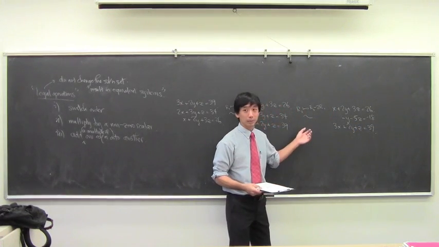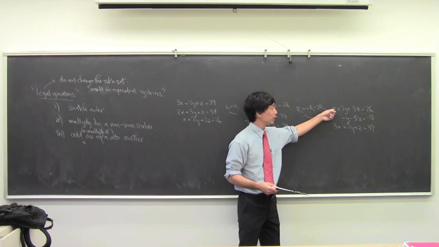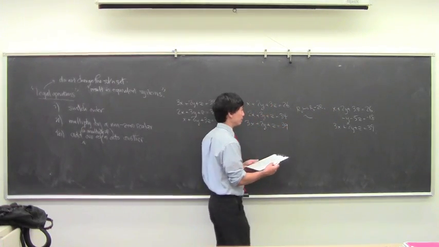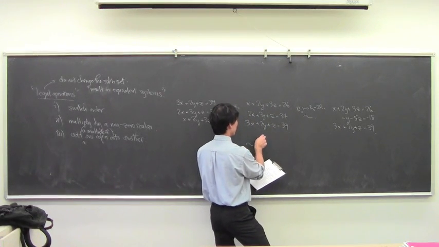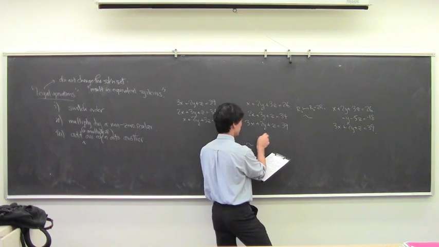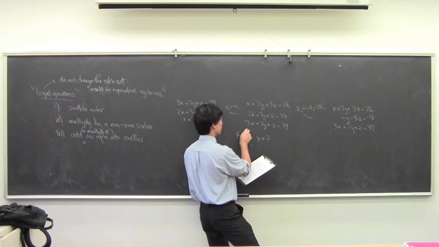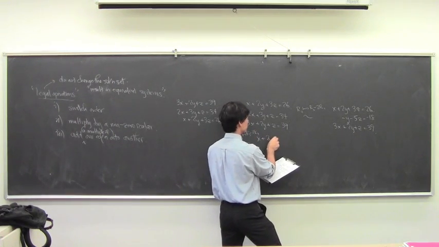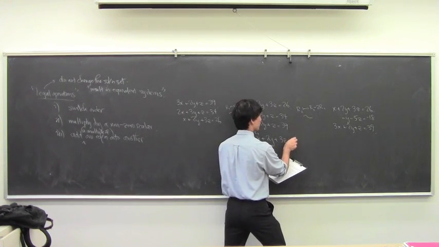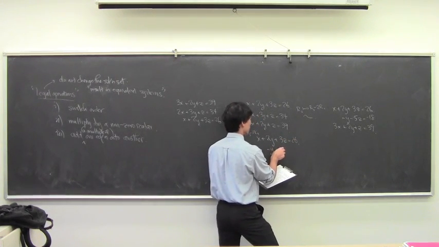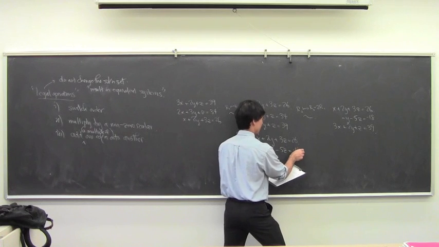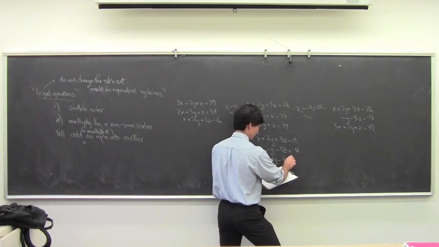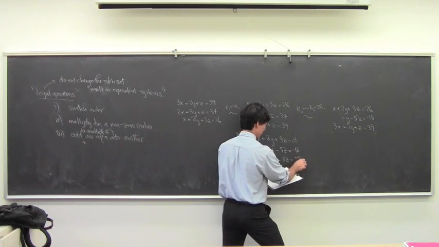Right? And then I'm going to do the same thing. I'm going to take -3 times this guy and add it onto this guy. I'm going to keep on going like this. So row 3 becomes row 3 minus 3 of row 1. Negative y minus 5z equals negative 18. Negative 4y minus 8z equals negative 39.